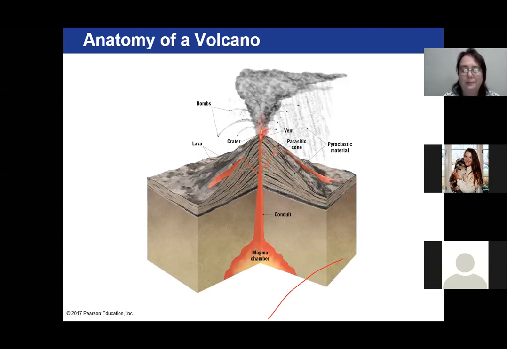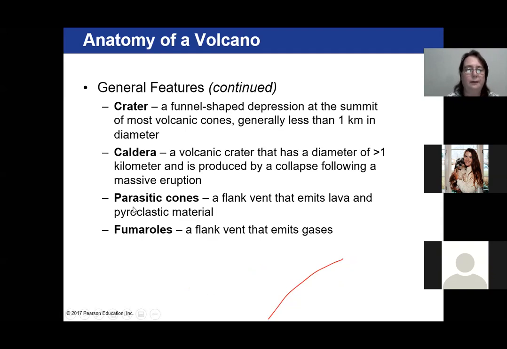You can see here that material is layered because of the different eruptions that have occurred over time. Okay. A crater is the depression at the top where the lava comes out, fairly small, less than a kilometer.